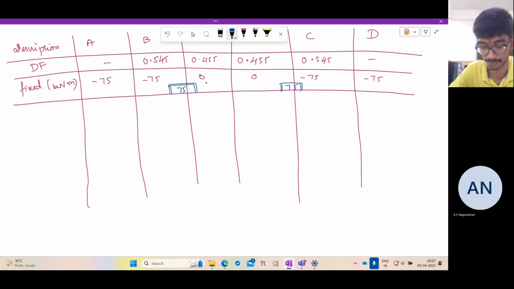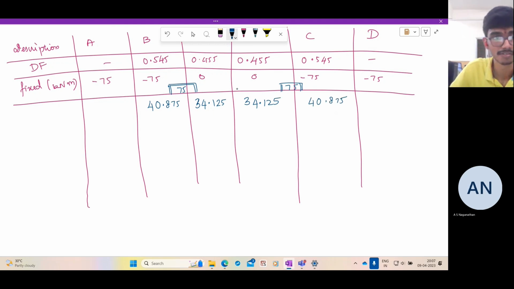Here you get 40.875. For here it is 34.125. And then here it is 34.125 and 40.875. So this is after allowing rotation.